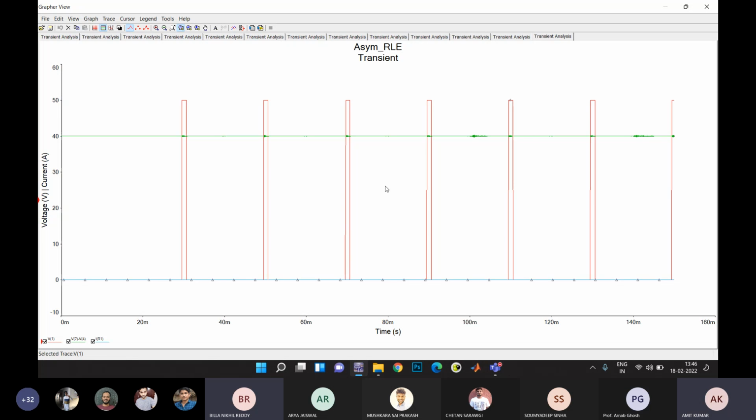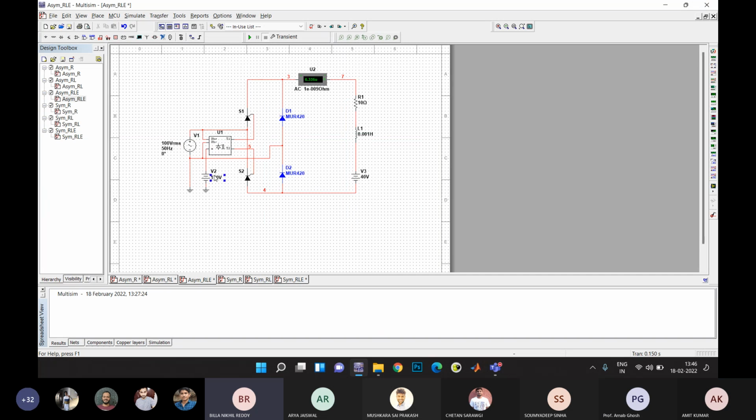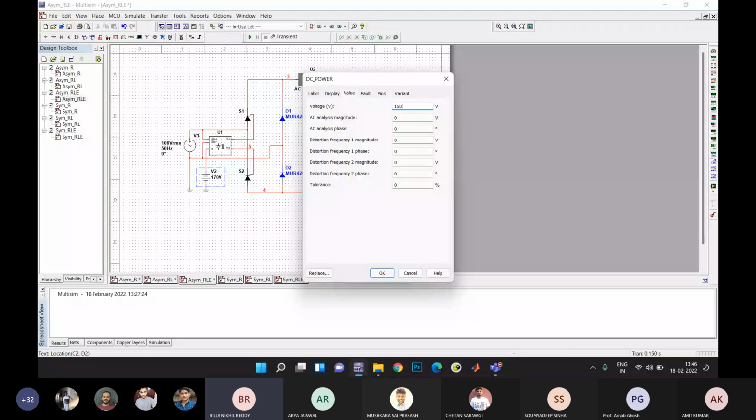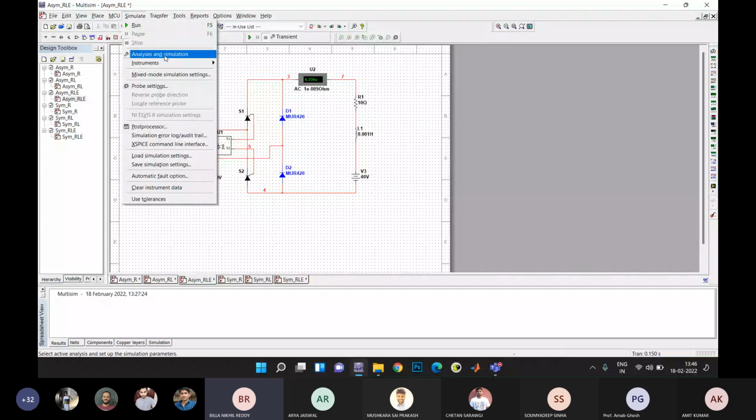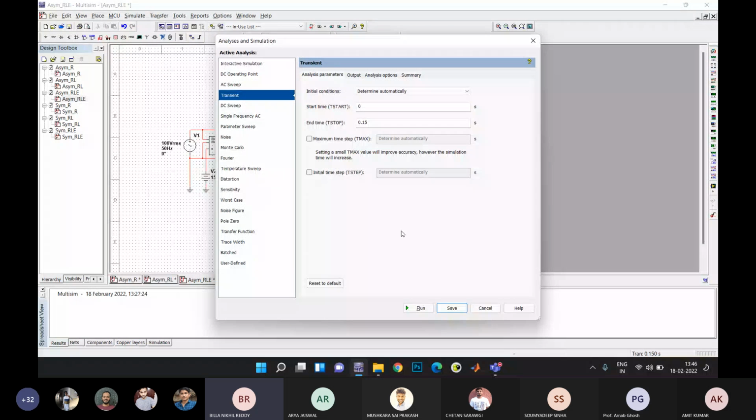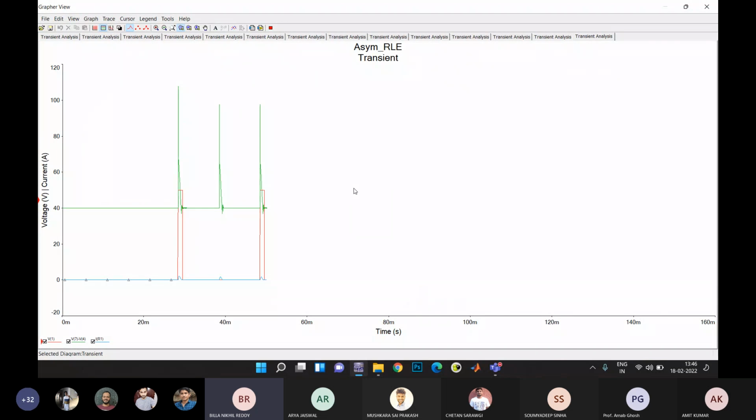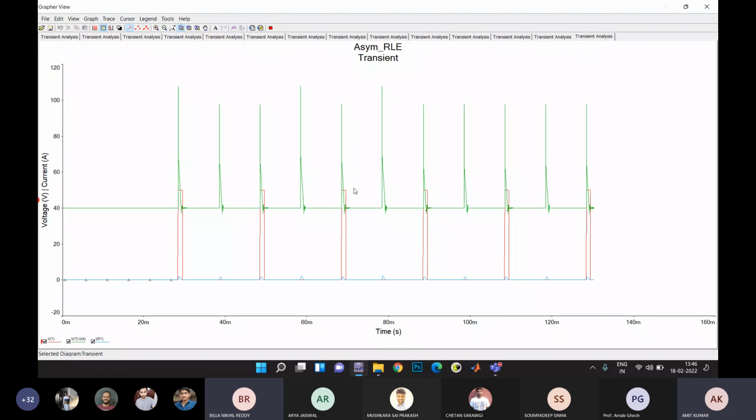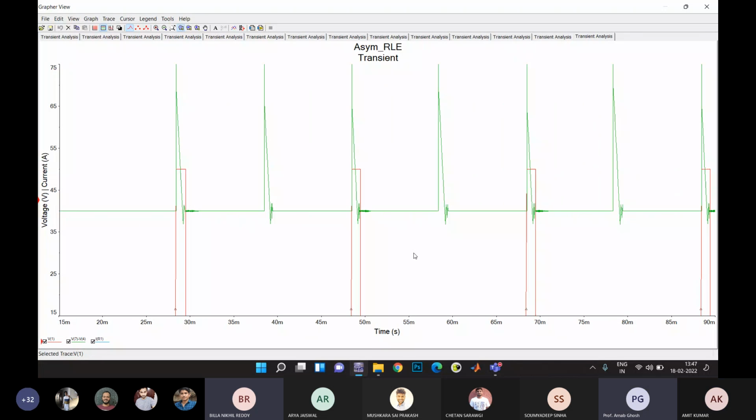But it is not coming. Make it 150. This is the result for 150 degree. Some voltage is coming. Okay, good. So at 150 it's working.